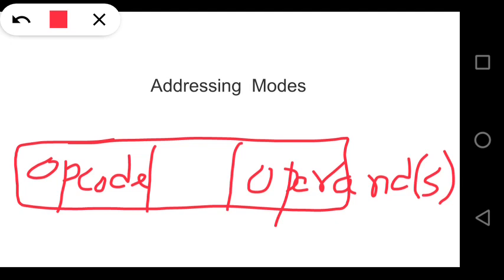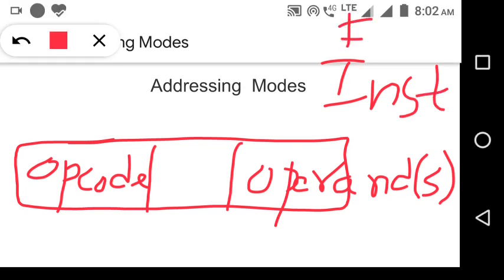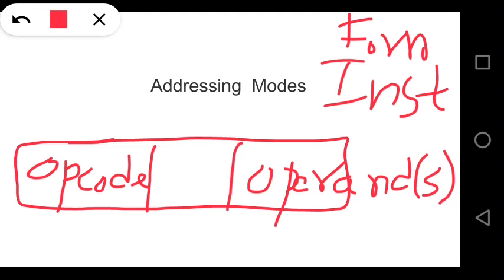But remember, this is the instruction format that we discussed, which contains opcode and operands. Remember, operands can be 0 or more operands.